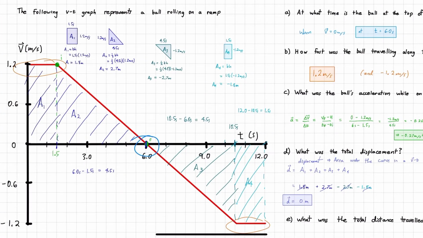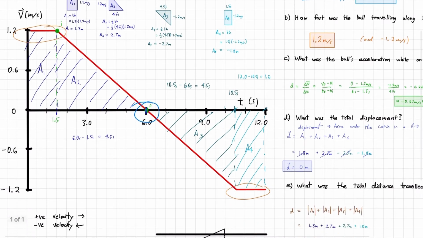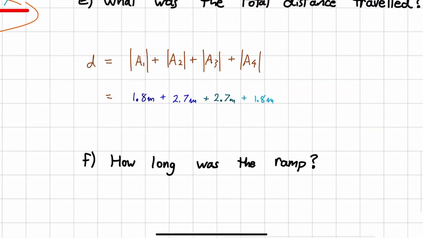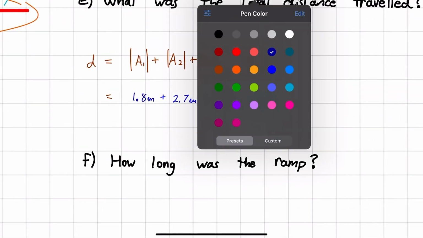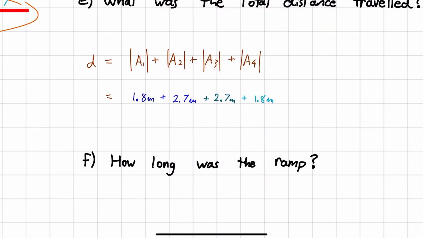So with distance, we don't care about whether it's forward or backwards. All we care about is that it was a distance that was traveled. So when we're adding them up, we will get a final answer, D equals 9 meters.